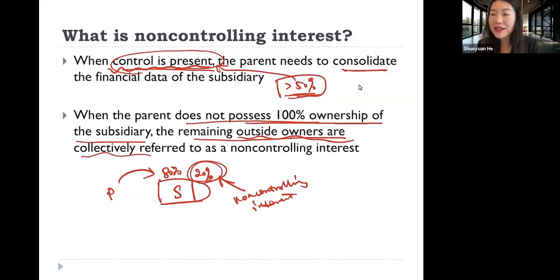So can you understand it here? The name just tells everything, right. It is non-controlling. So the controlling interest is in this 80%. That is the interest that has control. And the rest 20% only shares part of the profit, but it doesn't really control anything.